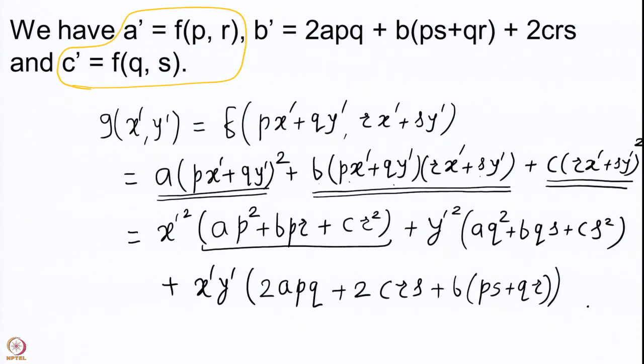The next coefficient of x prime square, a prime, is the earlier form evaluated on some pair of integers, actually given by p and r, and the coefficient of y prime square is also the integral form that you started with, the form f evaluated on q and s. These are the 2 important things that we are going to need. The formula for b prime is slightly complicated, but b prime is something that we are going to handle in a different way later on.